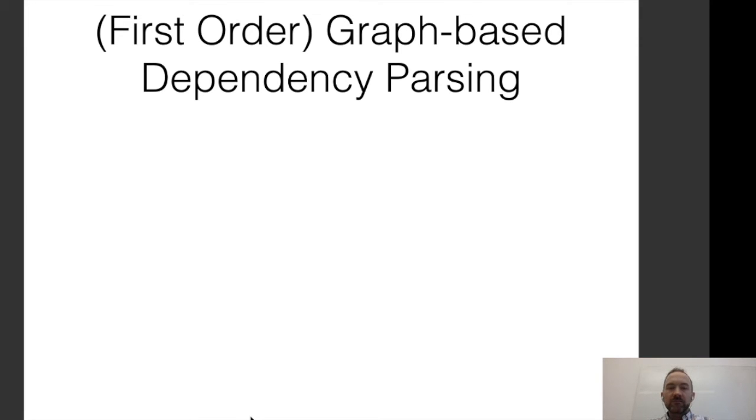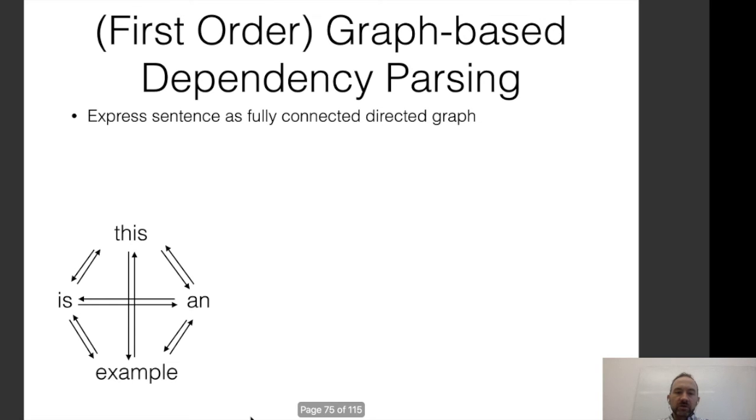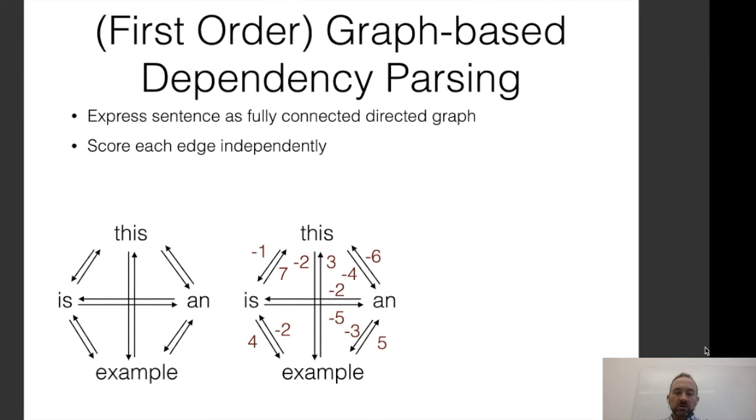But basically, first-order graph-based dependency parsing, the way it works is we express every sentence as a fully connected directed graph. So basically between all of the words in the sentence, we have arrows pointing in both directions. Then we have some way of scoring the edges, which I'll talk about in a second. But basically what this tries to do is score the edges based on the likelihood of them actually existing in the final dependency tree.